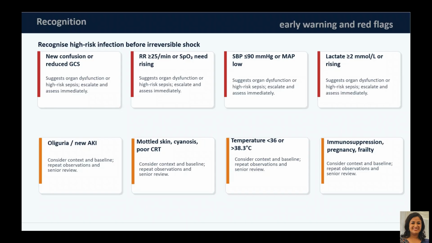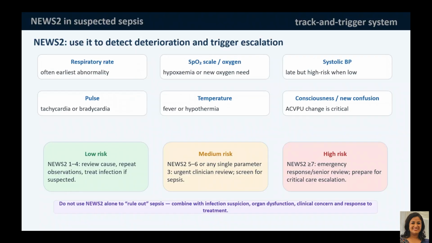Other than that, there is oliguria, mottled skin with cyanosis and poor capillary filling time, hypothermia or hyperthermia, as well as immunosuppression, pregnancy, frailty, and post-operative patients are also at high risk of developing sepsis. So these are the red flags, and these are the patients who are at high risk of infection, or the high risk infection.